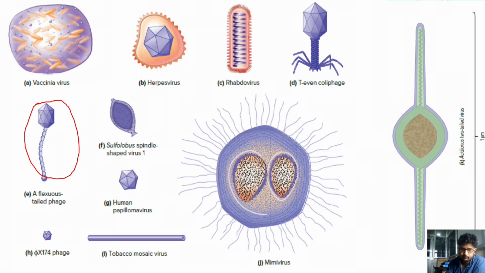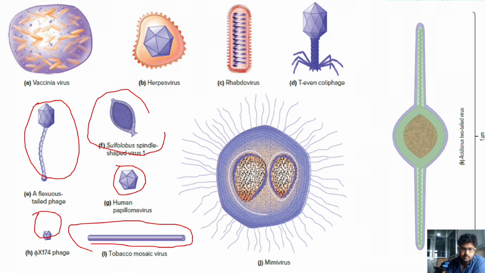Now this is a spindle shaped viral structure. Now again only a nucleocapsid structure. This is also a nucleic acid structure, and this is tobacco mosaic virus, an RNA virus. It is a hollow cylindrical structure, and within that the nucleic acid is present. This is the Mimi virus, a very large virus you can see under the light microscope, and this is a typical two-tailed virus. So you need to remember these names for your MCQ questions.